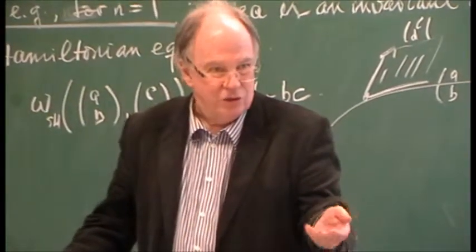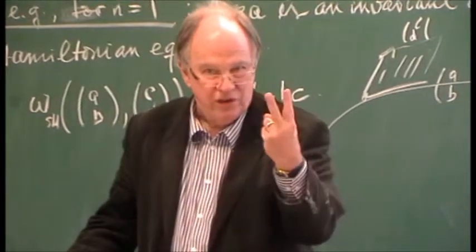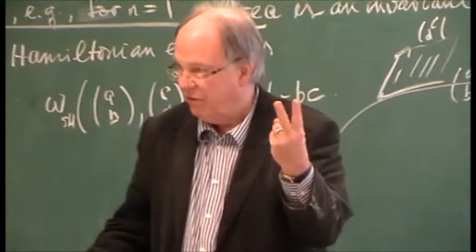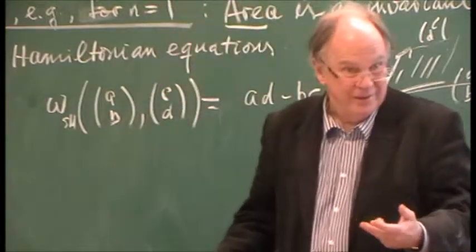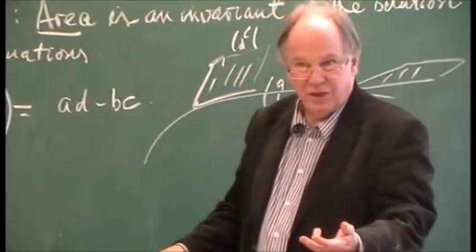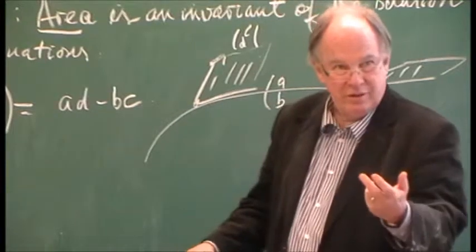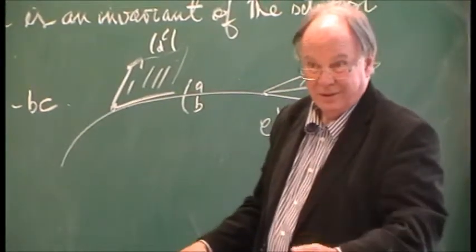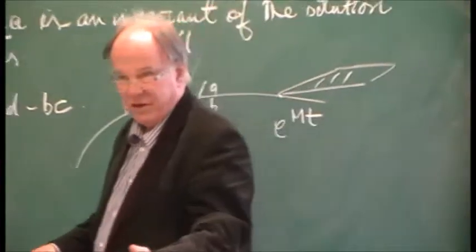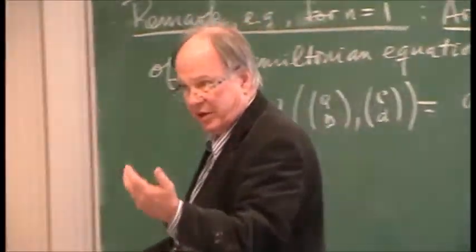Omega is the usual area form on R2. It's a volume form on R2. This is the advantage, everybody understands it. So you read in the first book of mechanics, area is an invariant of the Hamiltonian equations. Oh, it's very nice. You're looking for invariants of this physical system. Area is one.